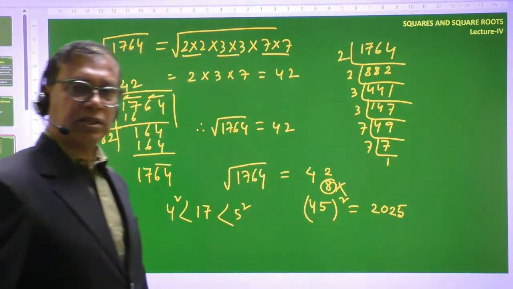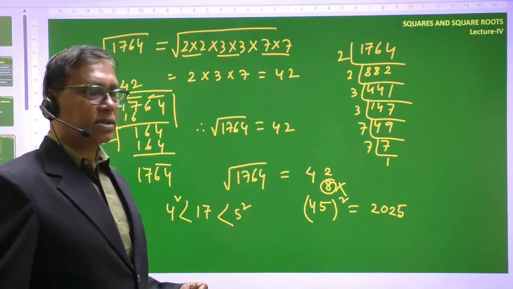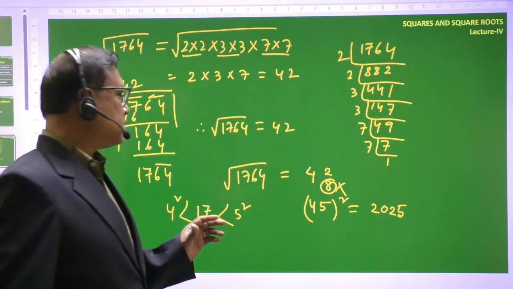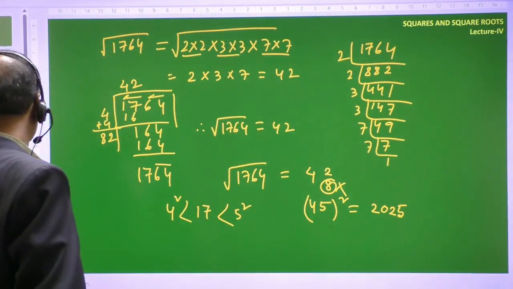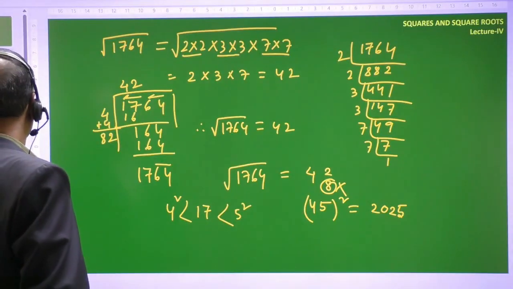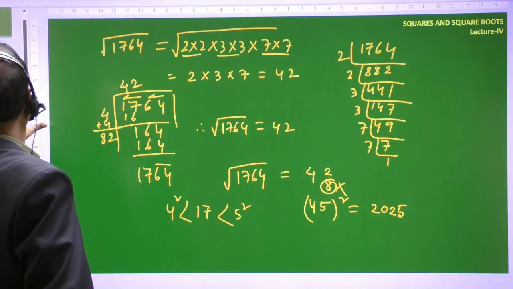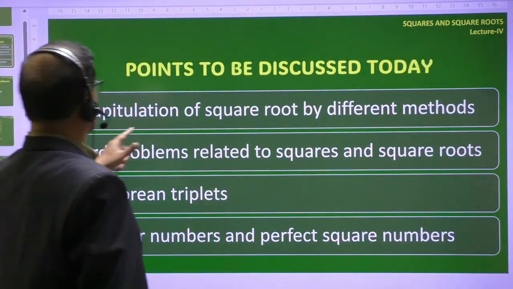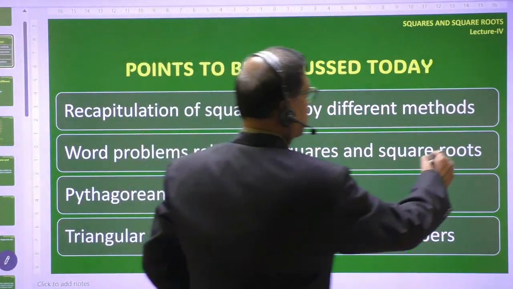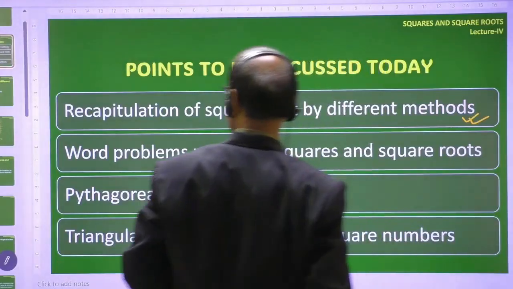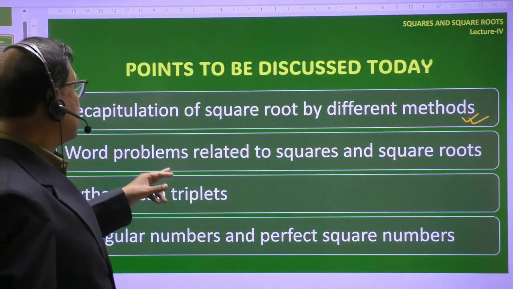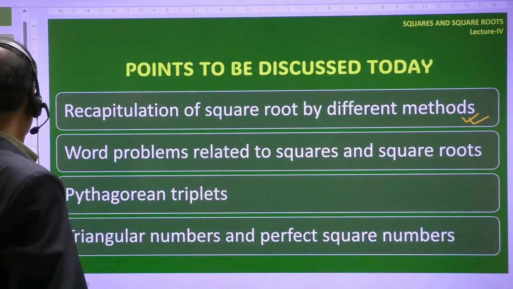So briefly I have discussed 3 methods to find the square root of a number. So the recapitulation of square root by different methods, that part I have completed. Now second point, word problems related to squares and square roots.